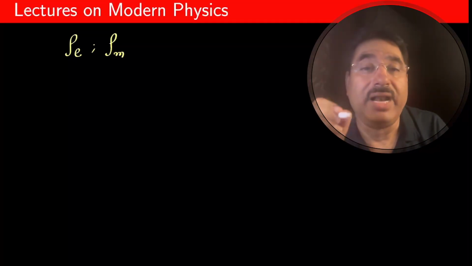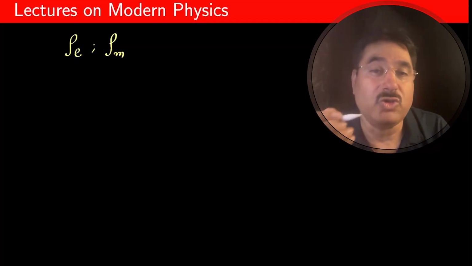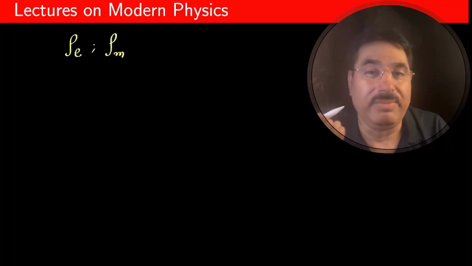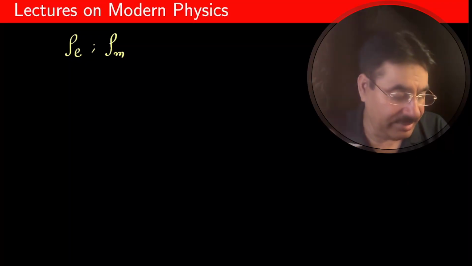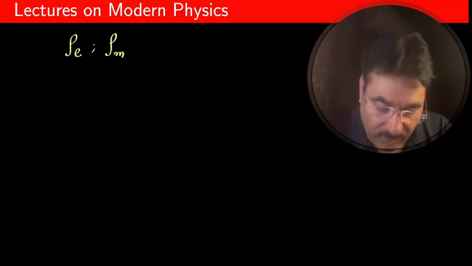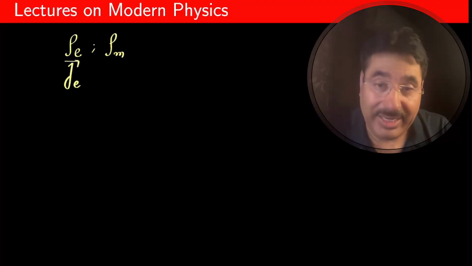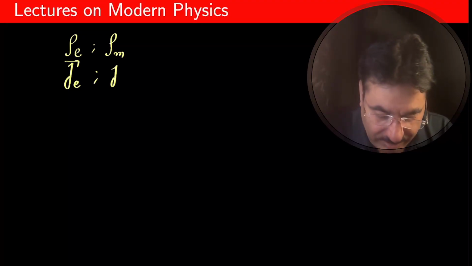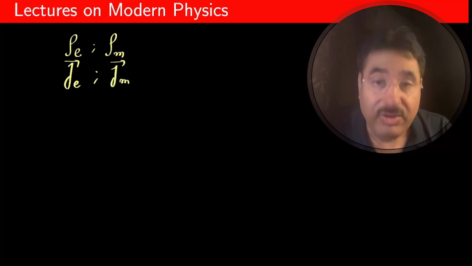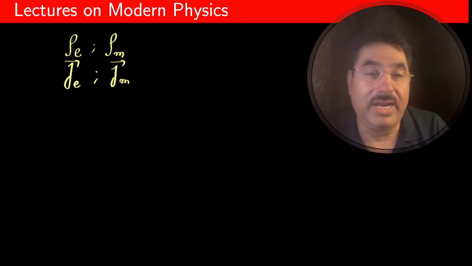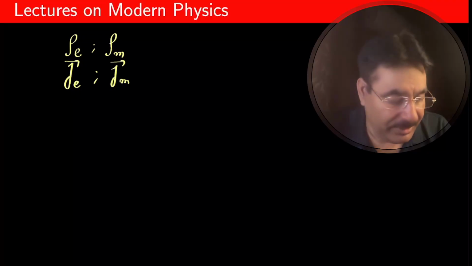So we have electric charge density, which we define as rho E, and we define magnetic charge density as rho M. Now we have a source of magnetic fields, like a source charge. We have isolated magnetic charges that can create magnetic fields, and therefore we also have electric current density, like the flow of the electric charges. We'll also have a magnetic current density, the flow of magnetic charges. This assumption you have to keep in mind.